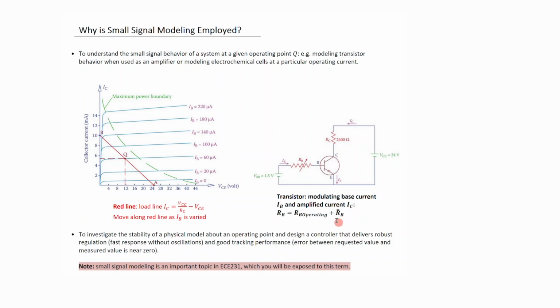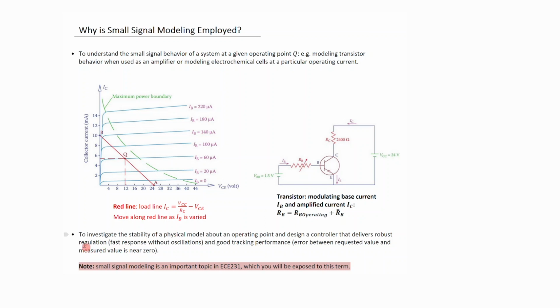The combination of the operating resistance and the perturbed value of resistance is the actual value of resistance that you'll be seeing as a function of time. So this is more or less the type of problem we're looking at. We want to see if we make a small change of resistance here, that amounts to a small change in current, how does that impact the amount of current flowing into the collector of this transistor? More or less, what we're looking at is the amplification factor.